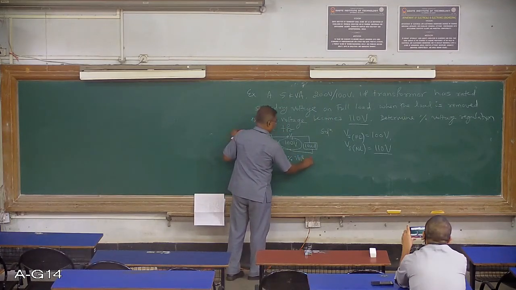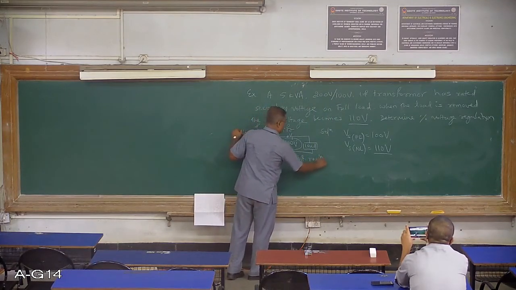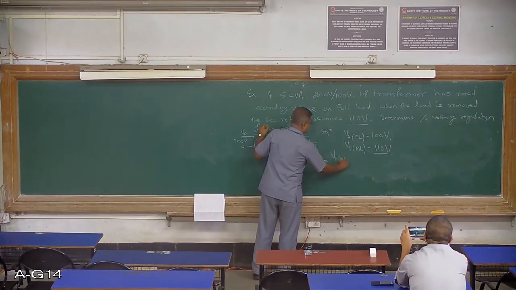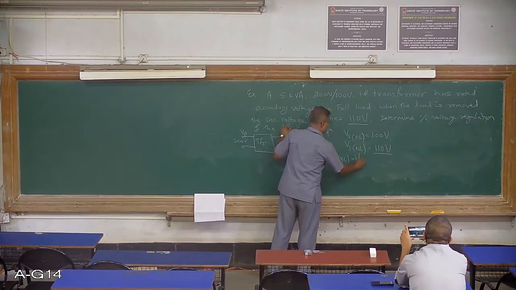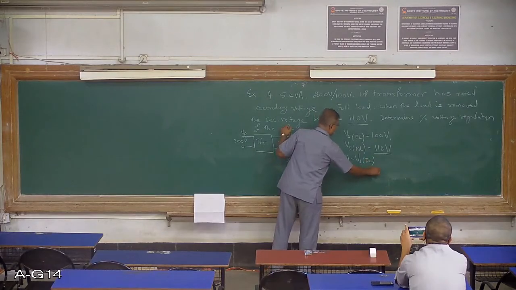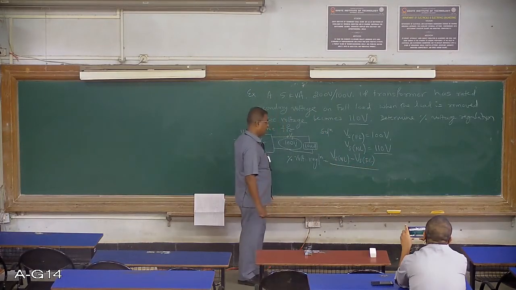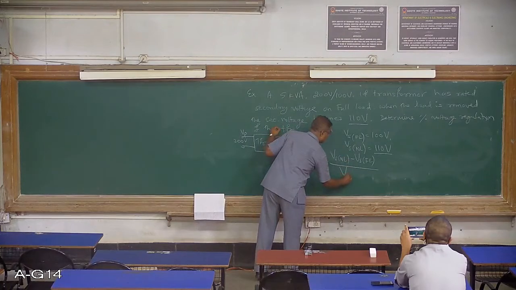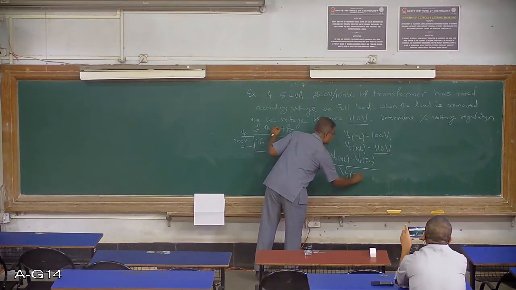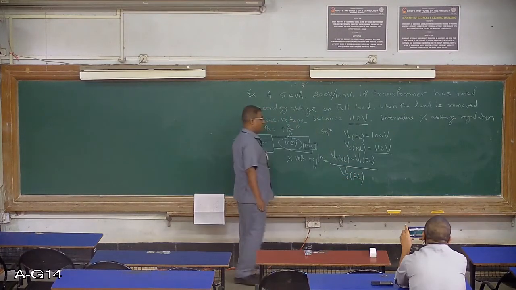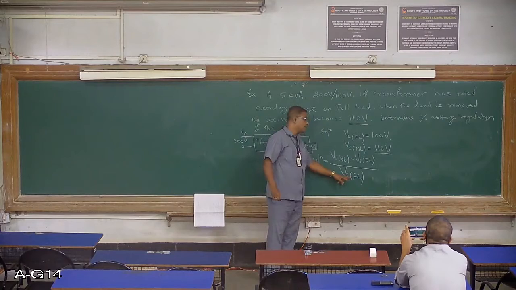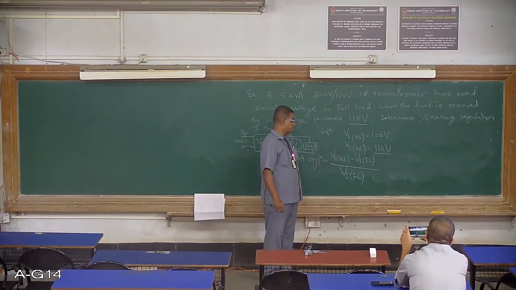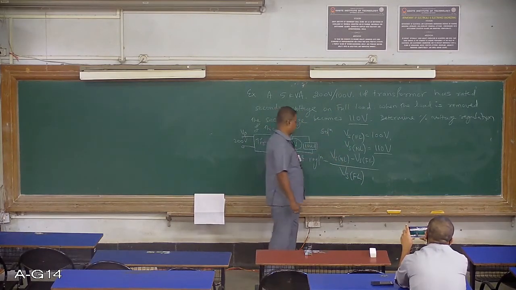Percentage voltage regulation equals VSNL minus VSFL divided by, it is better to use in this particular problem, VSFL, because the rated value is 100. That value you need to use. That is always advisable in this case.